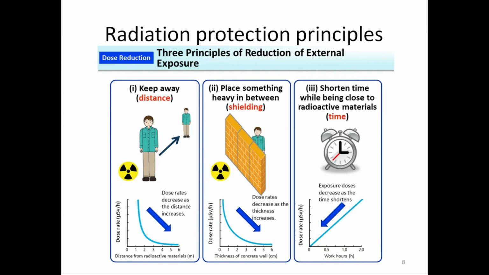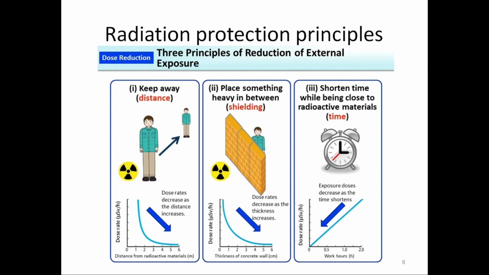The radiation protection principles involve three basic and fundamental principles: time, distance and shielding. As you can see in this particular slide, as you increase the distance, the effect of radiation decreases.